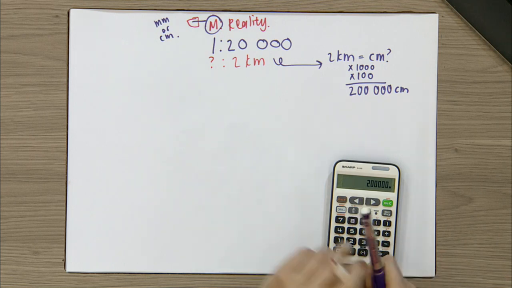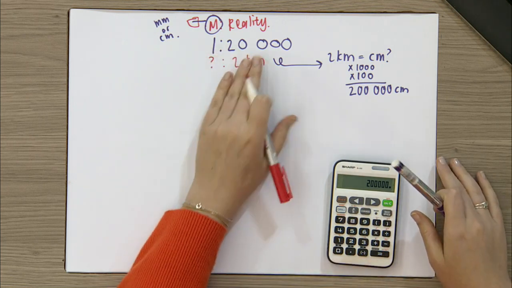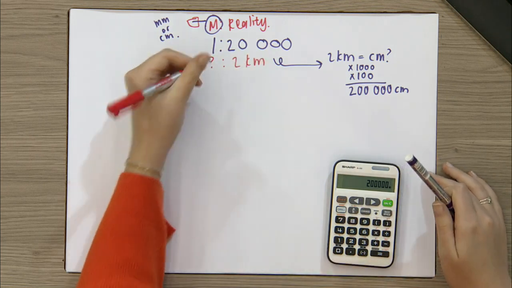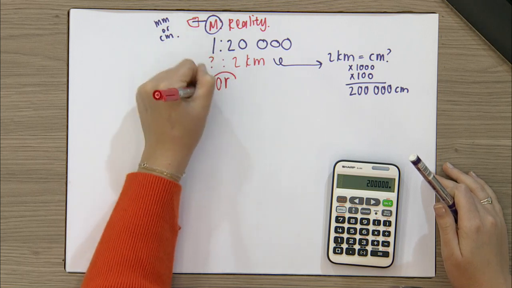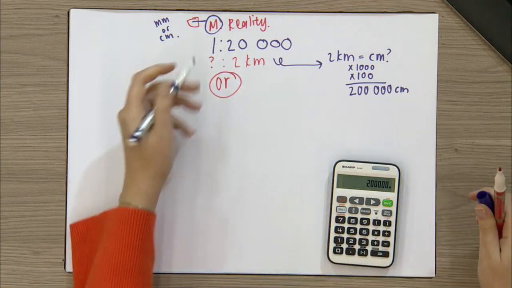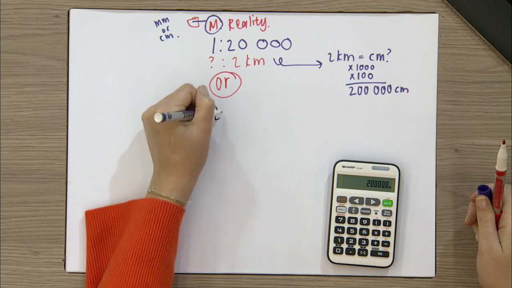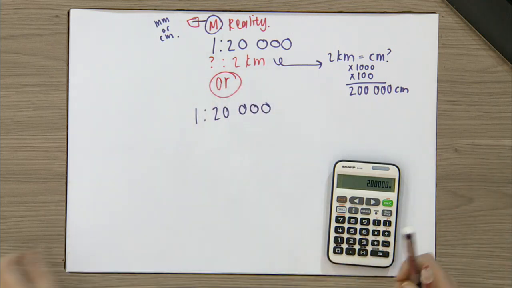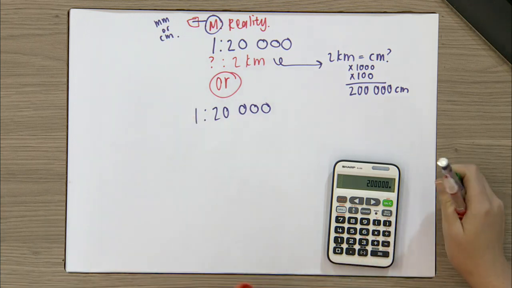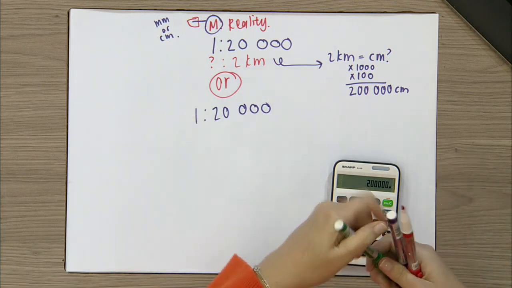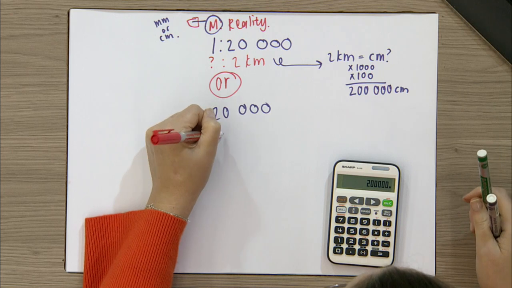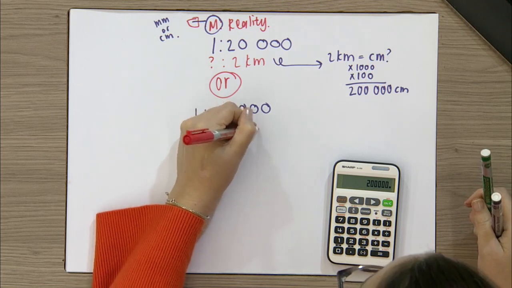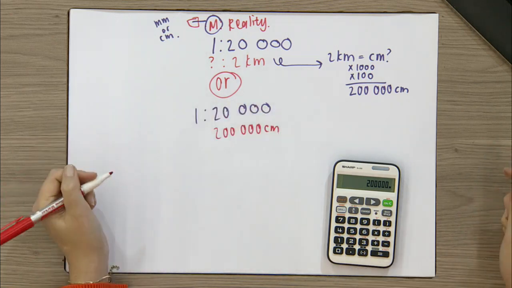So if I have 1:20,000 and I have 2 kilometers here, it means the same as 1:20,000. My scale is still the same. But now my distance in centimeters instead of in kilometers is going to be 200,000 centimeters.